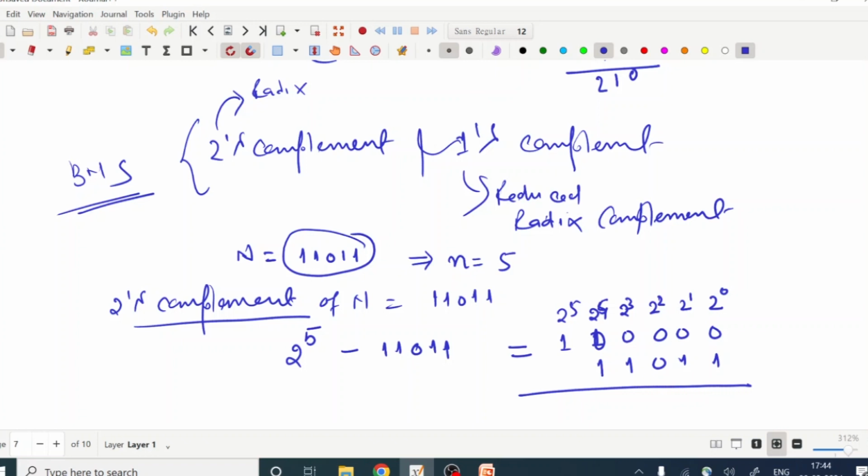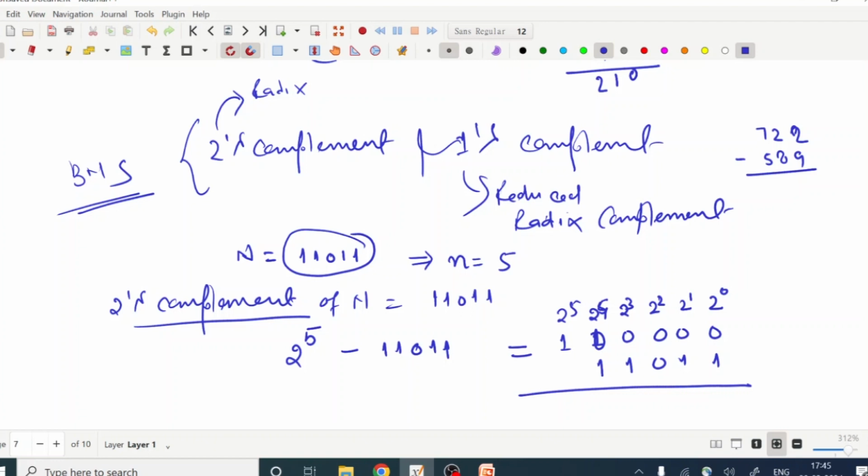Suppose this is 722 minus 589, a decimal subtraction. Here the minuend digit in the unit position is less than the subtrahend digit. So what do we have to do?